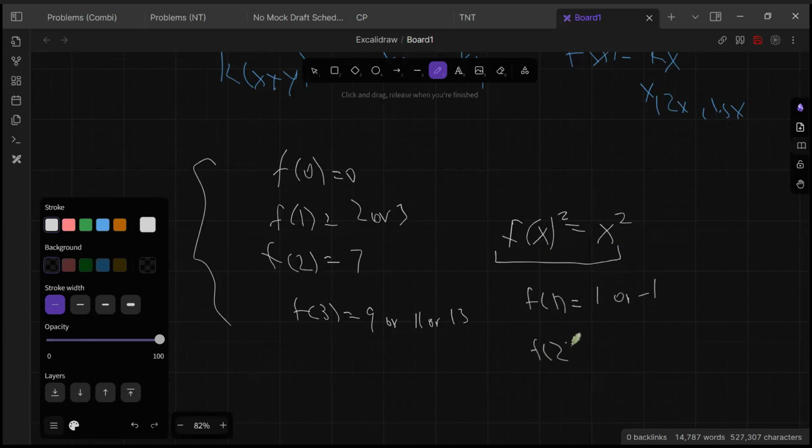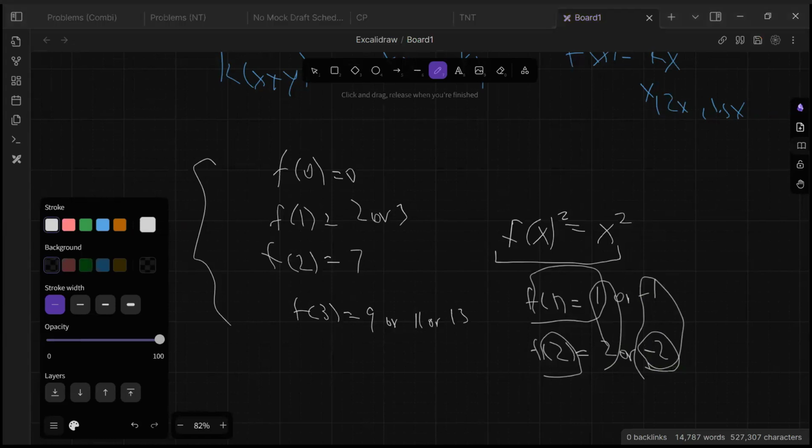And f of 2 can be 2 or minus 2, but it can also be something like f of 1 is 1 and f of 2 is minus 2. It might not always be f of 1 is 1 and f of 2 is 2, or f of 1 is minus 1 and f of 2 is minus 2. So when we are given something like this, we can't just say that all such functions work. So it's important in the end to check whether the functions we've gotten work or not.